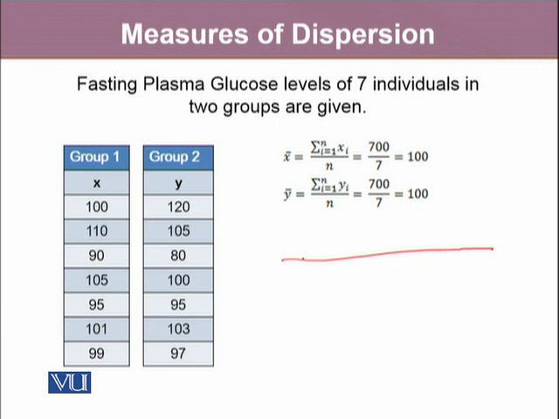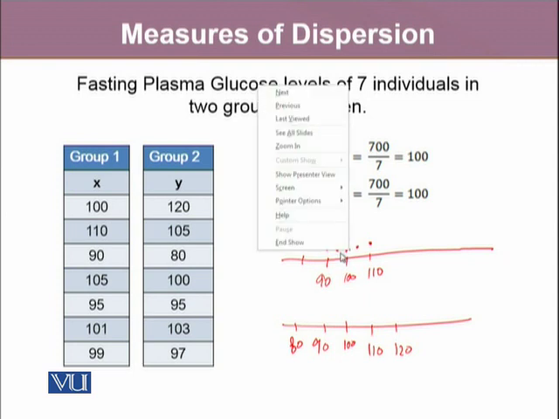If the values on this number line range from, I would say, 90, 100, 110, and on another line the data shows as well, we can clearly see if we plot all these observations here, there's one observation that's 100, another observation 110, 90, 105, 95, 101, and 99.